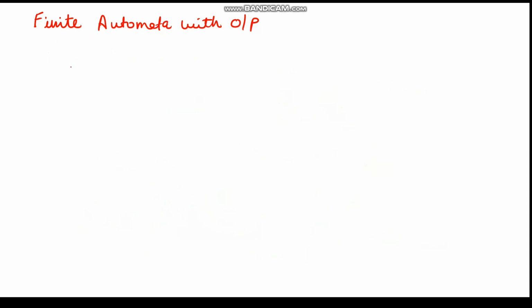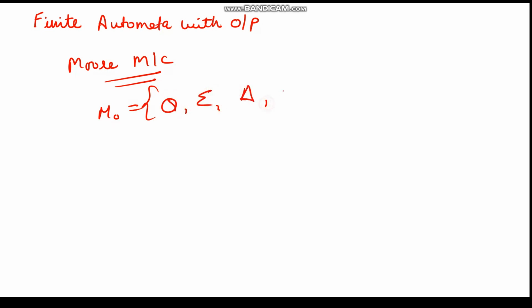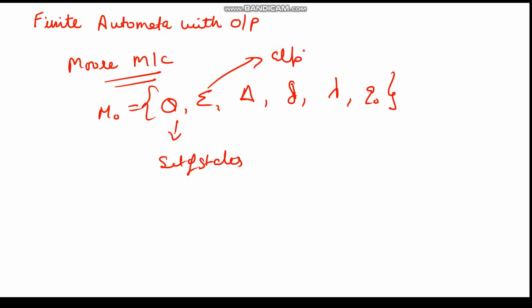Now let's discuss in detail the definition of the Mealy machine. A Mealy machine is a 6-tuple, and these 6 tuples are Q, sigma, delta, lambda, and Q naught. Q is, just like finite automata, the set of states, and sigma is the set of alphabets, that is, symbols.